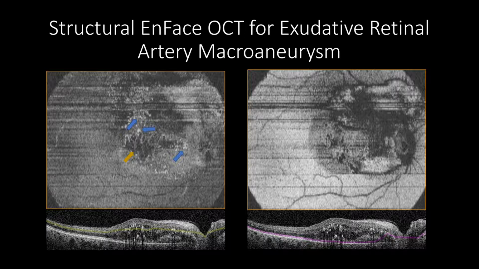The RPE slab will show areas of hyperreflectivity that correspond to subretinal exudation. In contrast, the areas of intraretinal hard exudates will appear as hyporeflective due to projection artifact. Please note segmentation and blink artifacts.